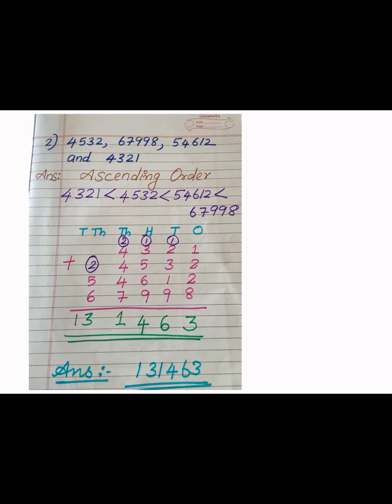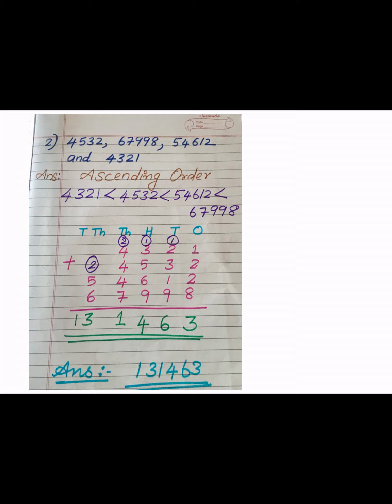You see, I have given one more question here, and that also I have first arranged in ascending order. Here is the ascending order, then I have given the place value, and only afterwards I arranged the numbers column wise. Here you can see that of the given numbers, two of them go only up to the thousands place, and the rest of the two numbers go up to the ten thousands place.